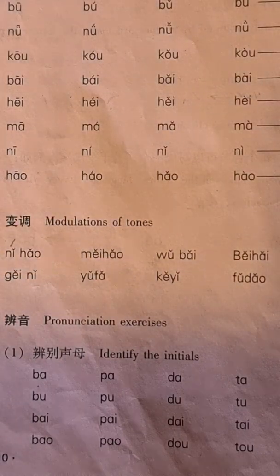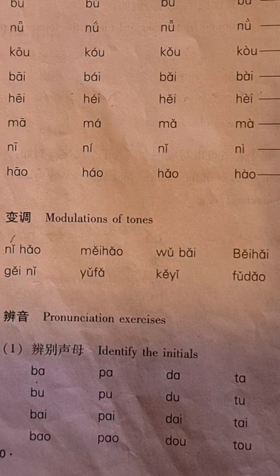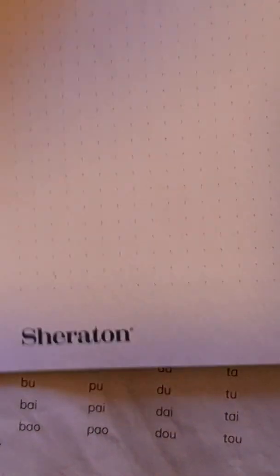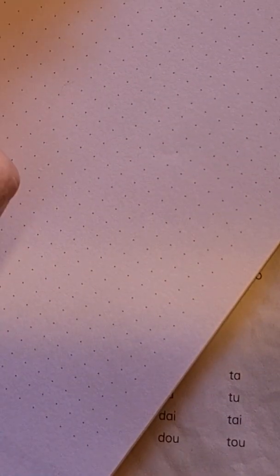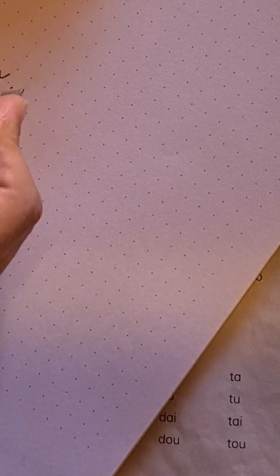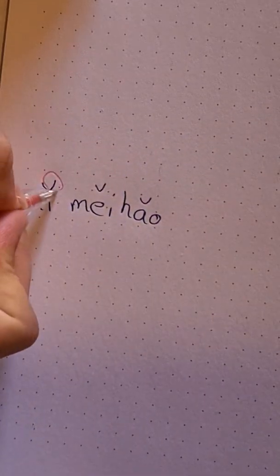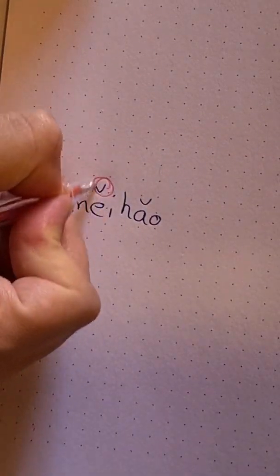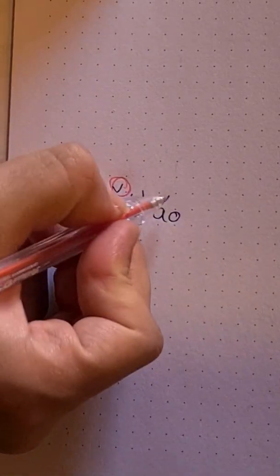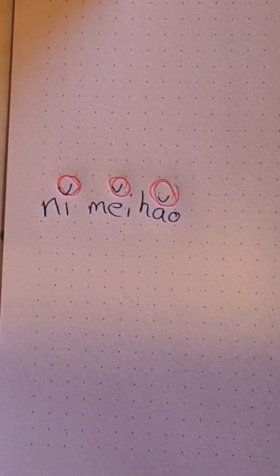So notice here, for example, let me show you the thing that happened here. We're saying ni mei hao. Right? So here notice something, that we have third tone, third tone, third tone. So what is the grammar saying?